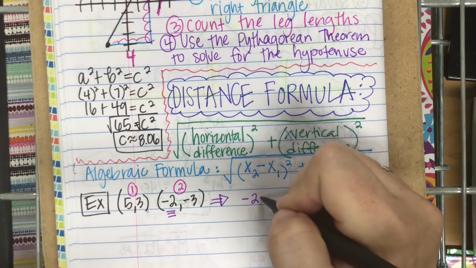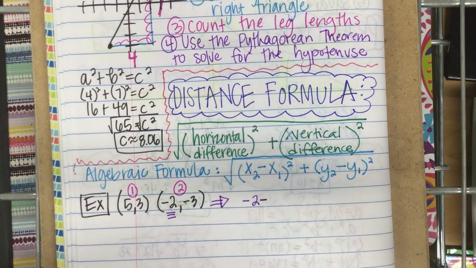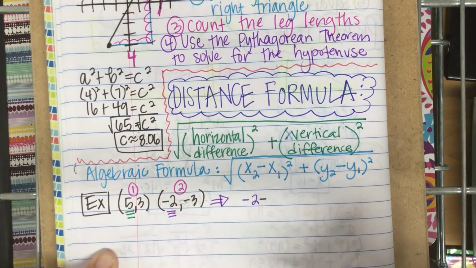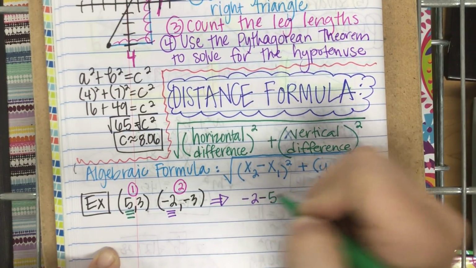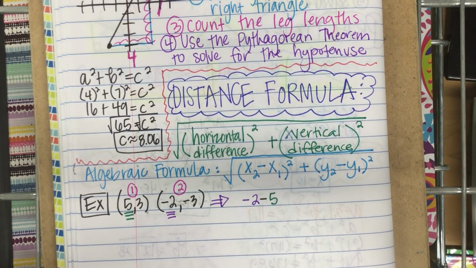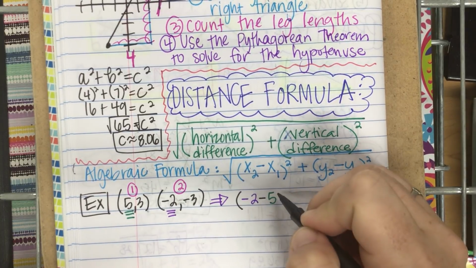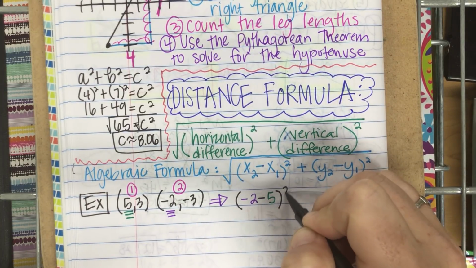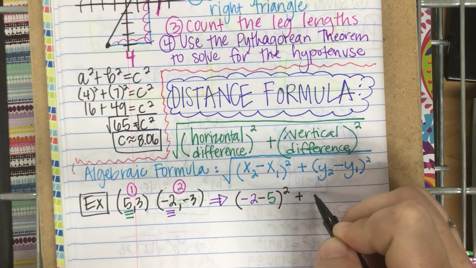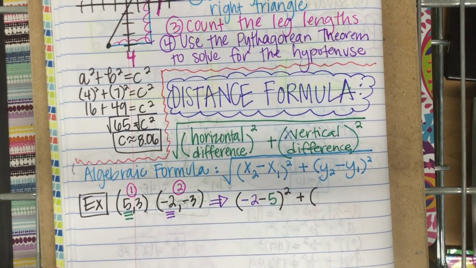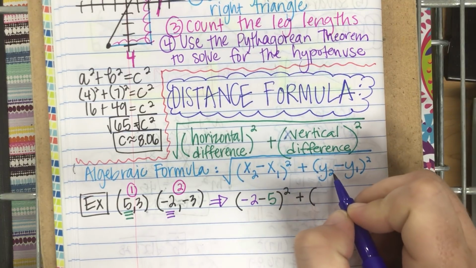Then I'm going to subtract the x from the first ordered pair, which is right here, 5. So x2 minus x1 squared plus, then I'm going to come over here and do my y for my second ordered pair.